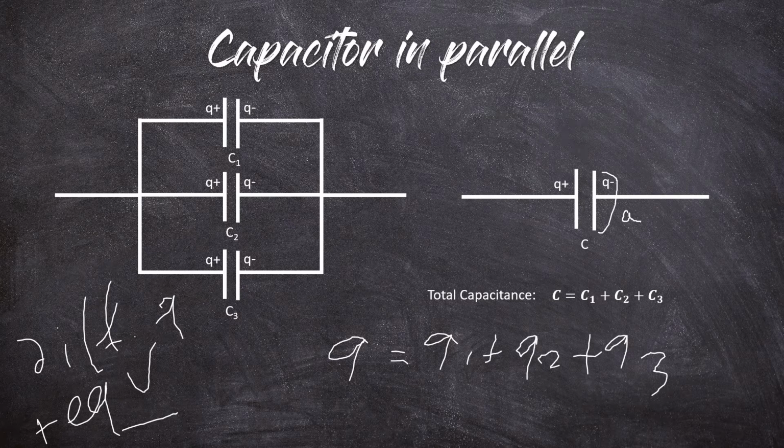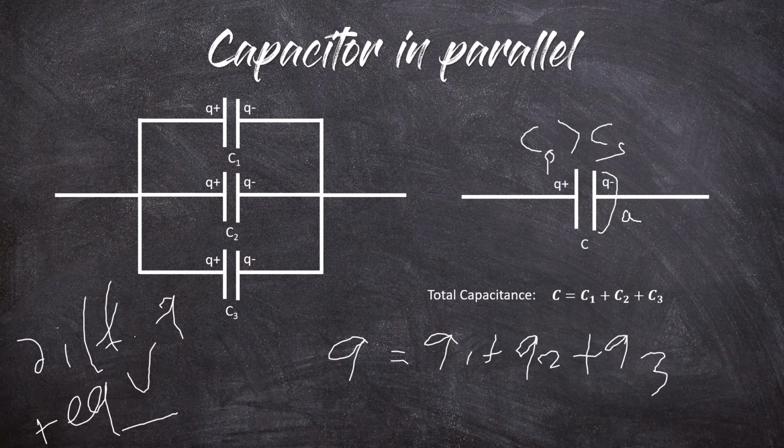So in series the capacitance will be smaller, but in parallel the capacitance will be larger. So the capacitance in parallel is greater than the capacitance in series.